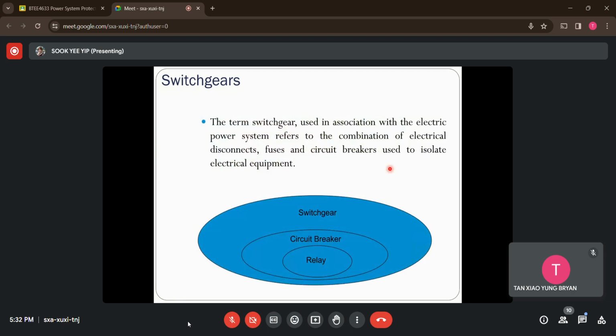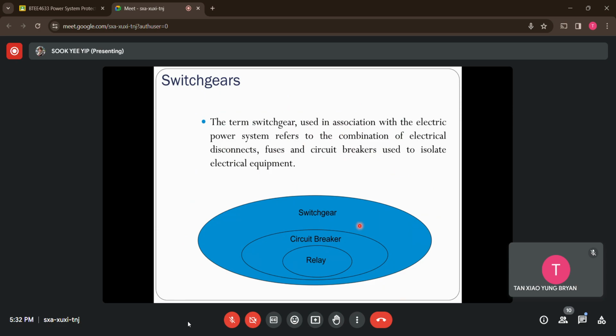As mentioned last week, switchgear is actually a very big system that is composed of many components together inside, including the fuse, the circuit breakers, and of course we have relays also, and we have isolating switches, actuators and all. So it forms a very big system.